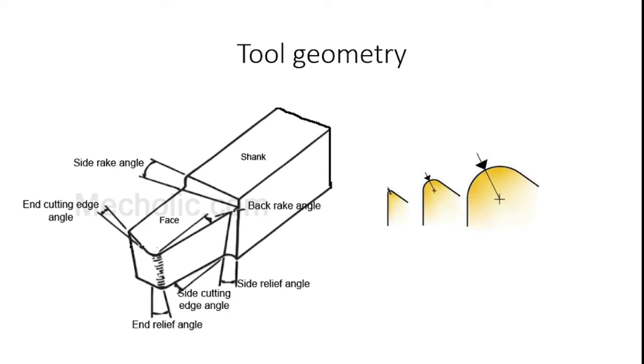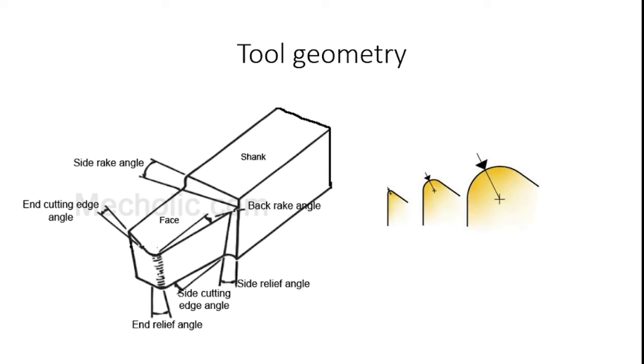When the side relief angle is very small, the tool will rub against the job, and therefore it will get overheated and become blunt, and the surface finish obtained will be poor. So this is also a responsible angle related to tool wear, tool blunting and the surface finish of the workpiece. Then the end relief angle is available with the front face of the tool geometry.